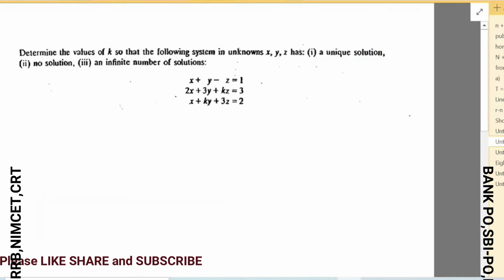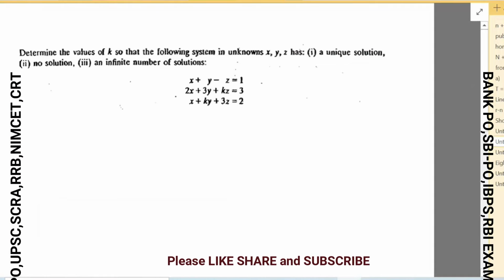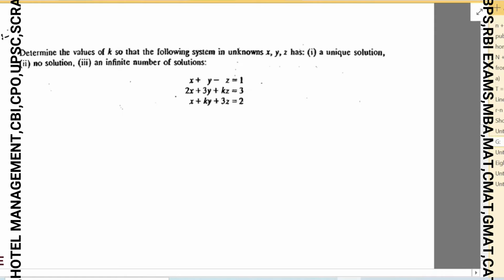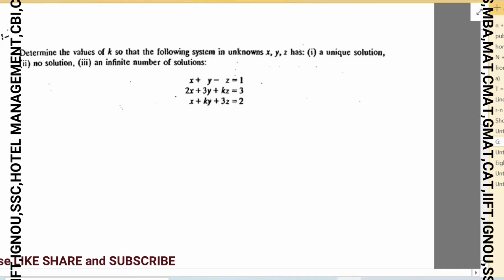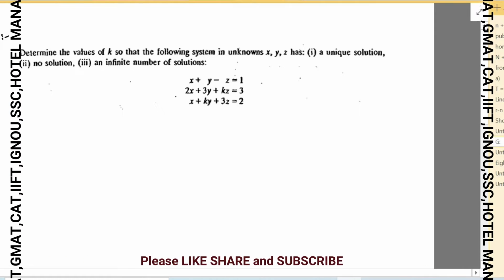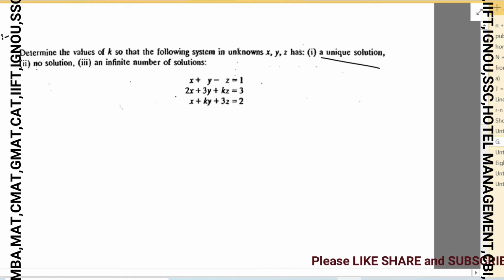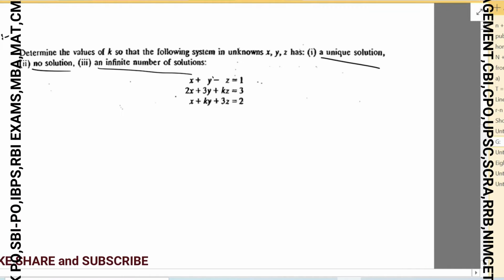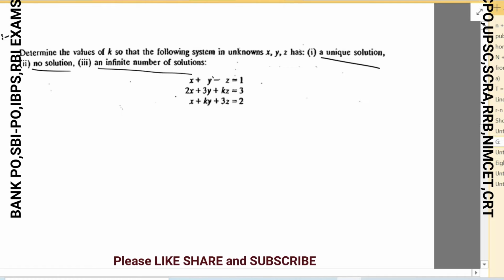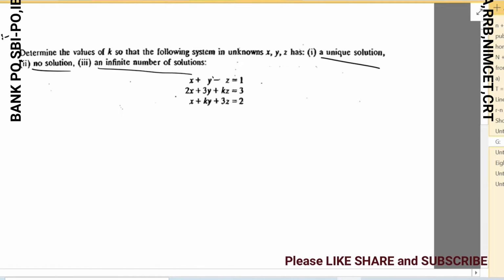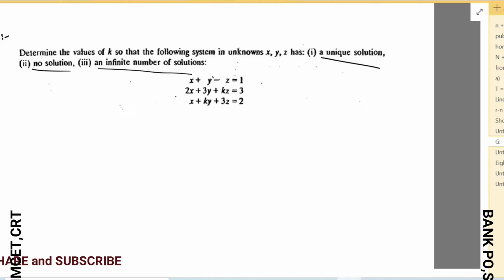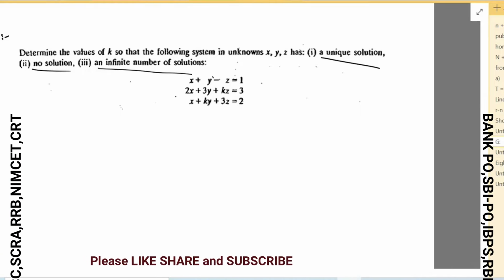Consider this example. Determine the values of k so that the following system in unknowns x, y, z has a unique solution, no solution, and infinite solutions. A non-homogeneous system is given: x plus y minus z equals 1, 2x plus 3y plus kz equals 3, and x plus ky plus 3z equals 2.